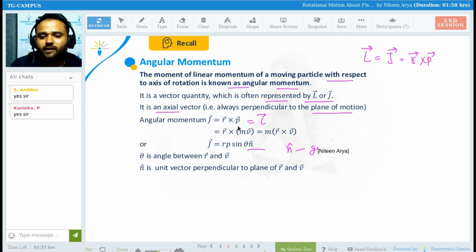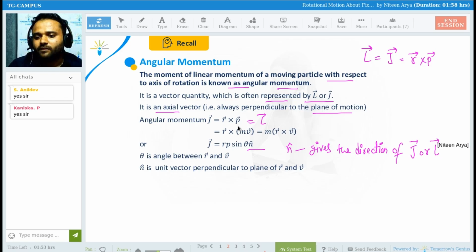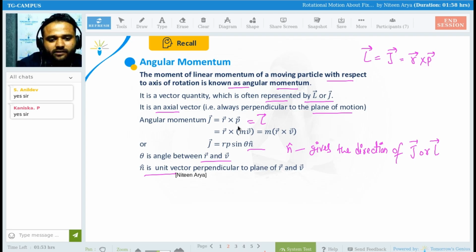This sin theta n gives the direction of J or L, whatever symbol you pick. Basically, this n vector gives the direction of my angular momentum. Theta is the angle between r and v, and n is a unit vector perpendicular to the plane of r and v.